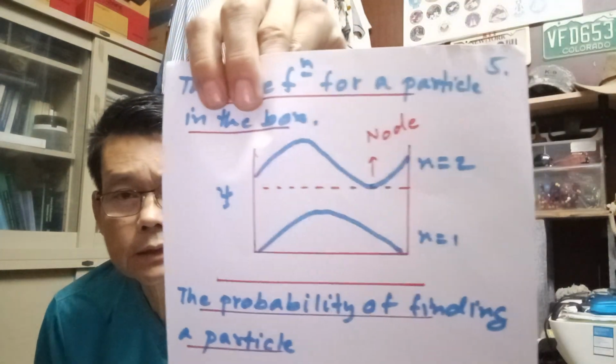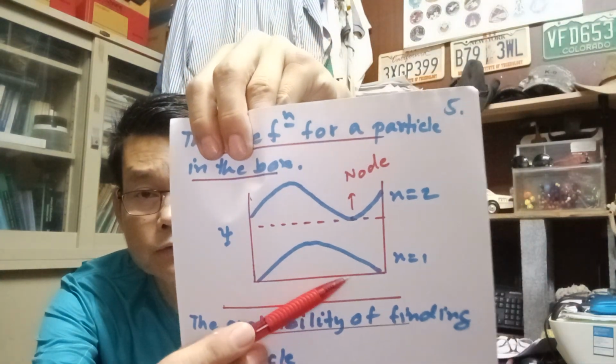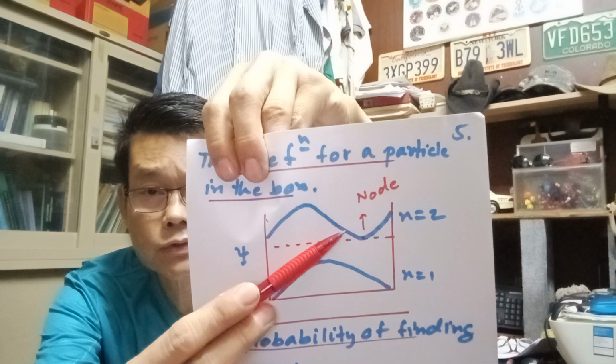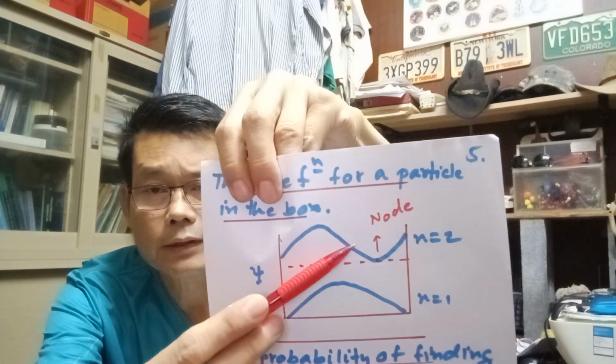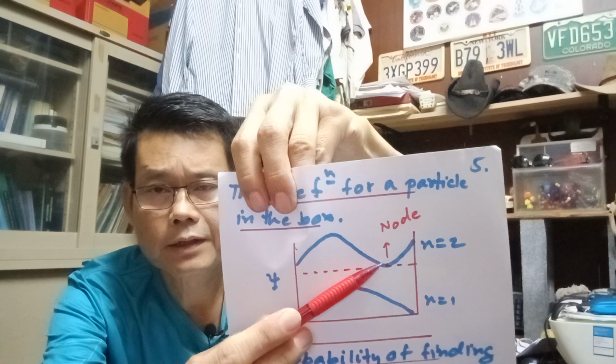Now, if you take a look at the plot, since we already defined the wave function, okay, just right here. That's your wave function for n equal to 1. This is n equal to 2. And this is we call node, whereas the particle has the 0 energy.